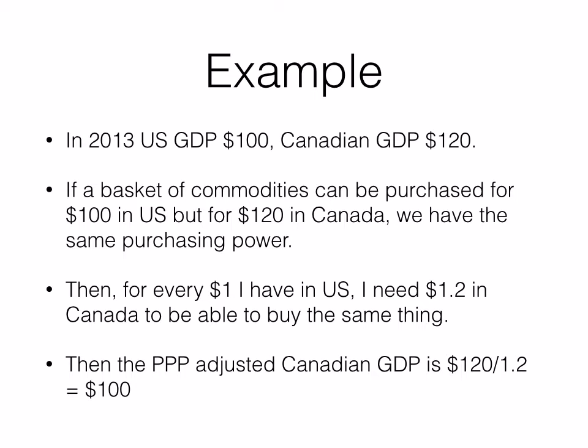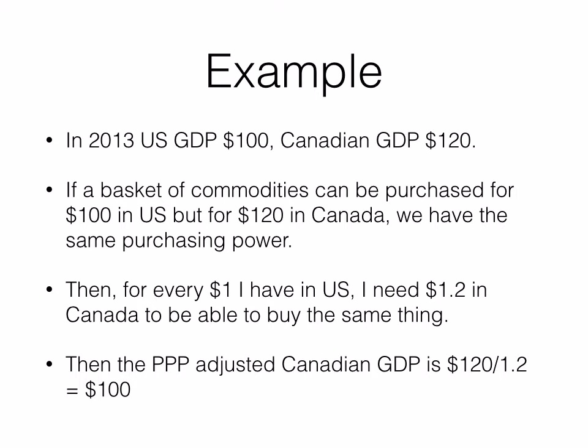Obviously, this is just for this particular commodity. There may be other commodities whose prices may be different, some cheaper in Canada, some more expensive in Canada. To have a good proxy for the general price difference in a country, we do the same thing as we did with CPI and GDP deflator.